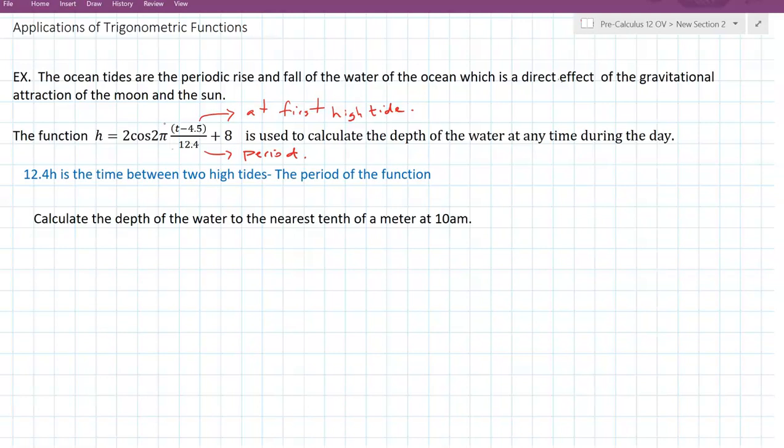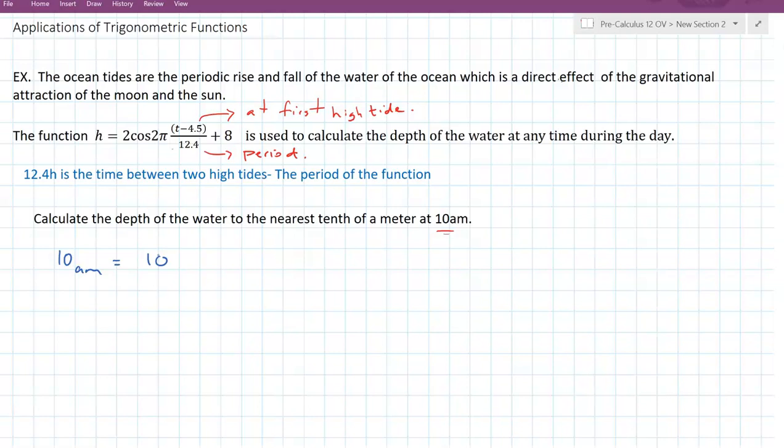So the question is, calculate the depth of the water to the nearest tenth of a meter at 10 a.m. That means that is the time. We need to translate 10 a.m. into the actual number of hours, the t hours, starting at midnight.